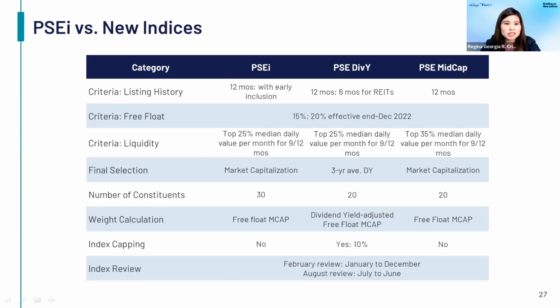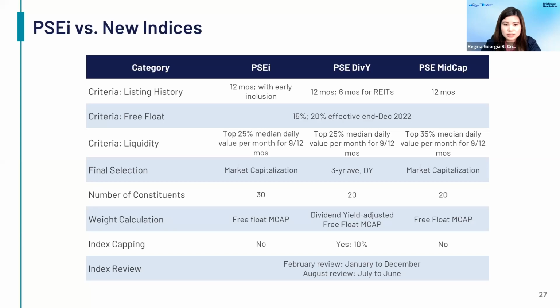So in summary, here's a table showing the comparison between the PSEi and the new indices. In terms of listing criteria, we require 12 months of listing history, with early inclusion for the PSEi and Dividend Yield Index. In terms of free float, at least 15% is required. However, we note that come December 2022, this would be increased to 20%.